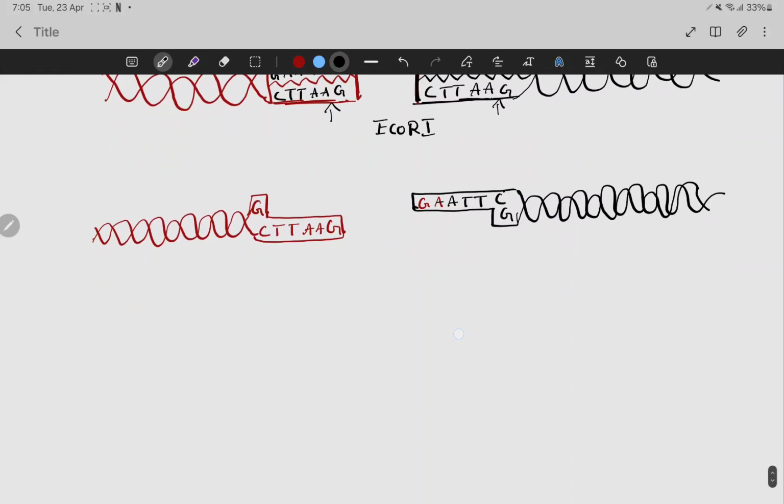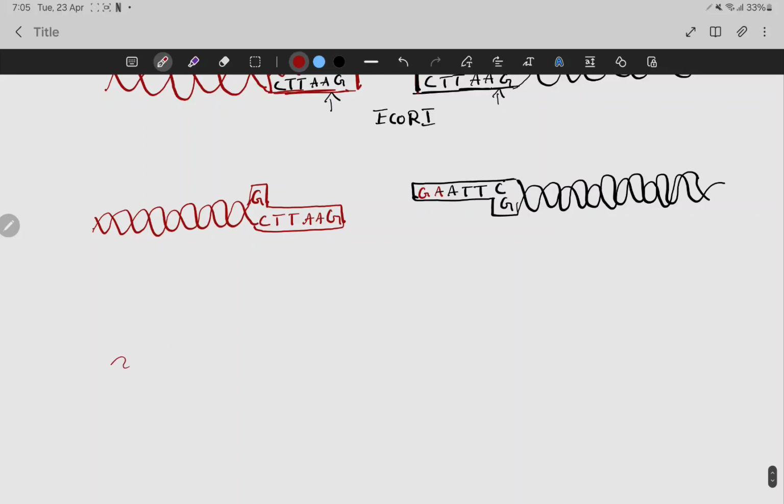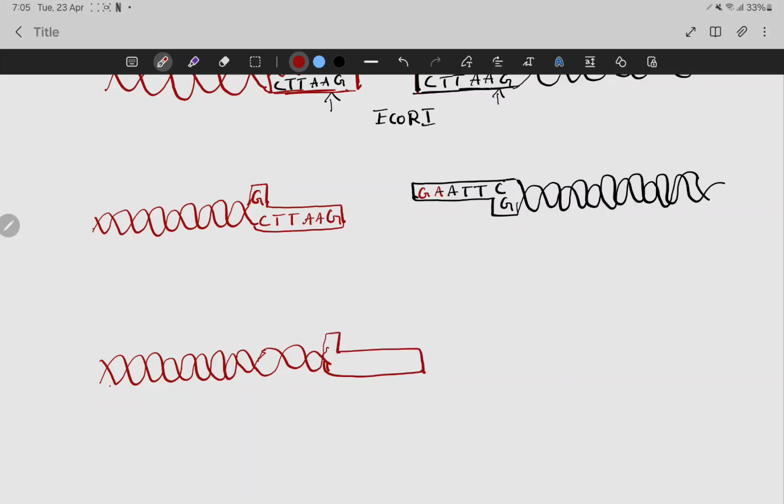So now what we are doing is we are joining the foreign DNA with the vector DNA. So once again if you see, we are drawing the DNA. So we are drawing the combination actually here.